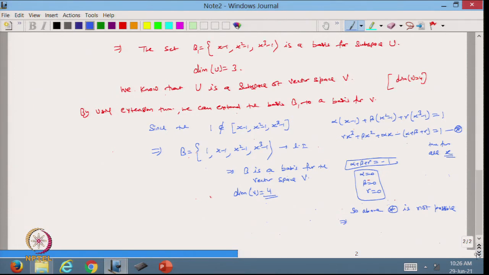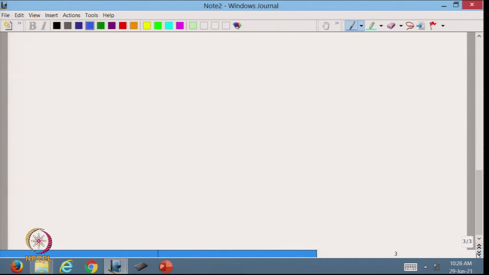Now, I will discuss the subspace W. W is the set of polynomials P(x) belonging to V such that P dash at x equal to 1 is 0.